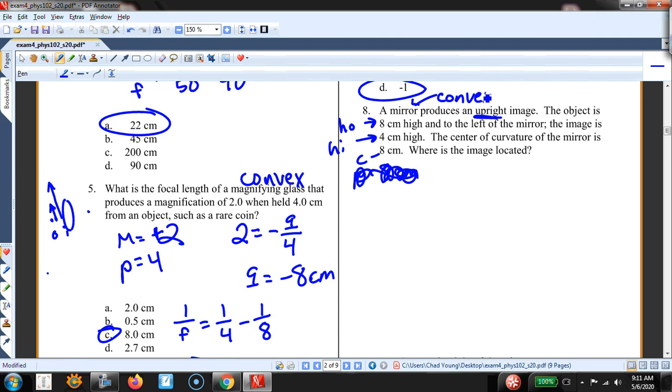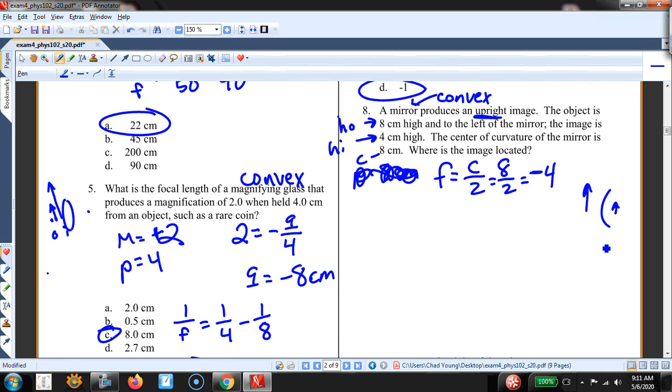By the way, a convex mirror is going to have a negative focal length. So when I write F, which is going to be C divided by 2, that's going to be 8 divided by 2, or 4. I need to remember that this is going to be a negative 4 because it's a convex mirror. I know that because if I know my ray diagrams, I know that a convex mirror produces images like that.